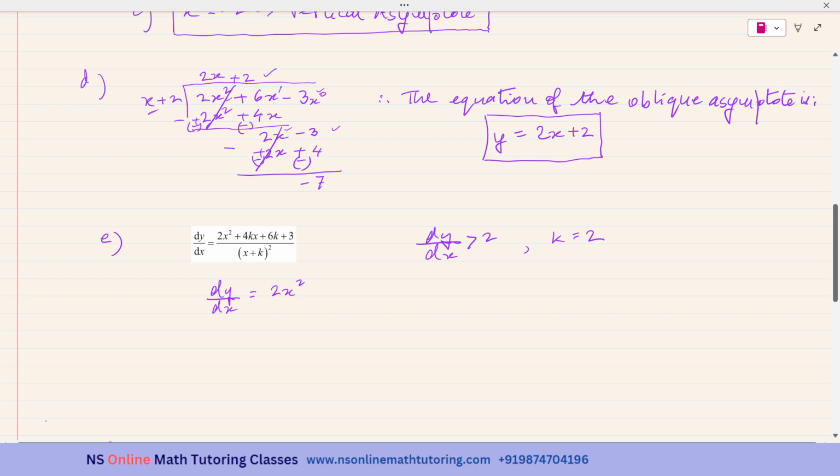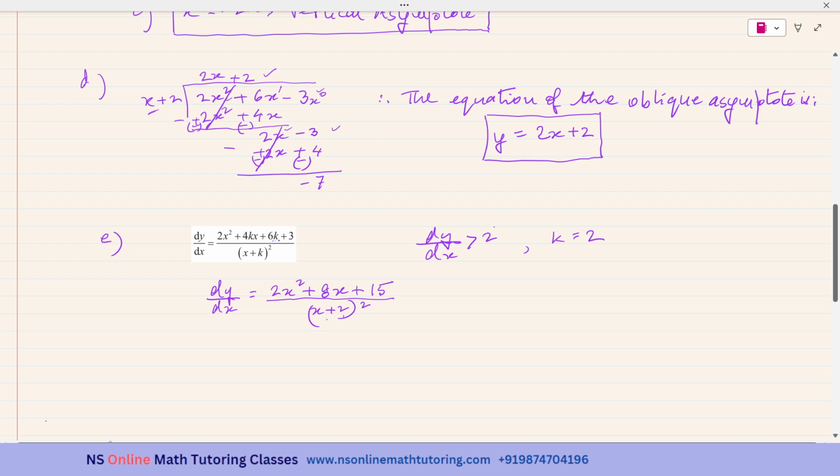2x square plus 4 times 2 is 8, 8x, and 6 times 2 is 12, 12 plus 3 is 15, over x plus 2 whole square. Okay, fine. So x plus 2 whole square.